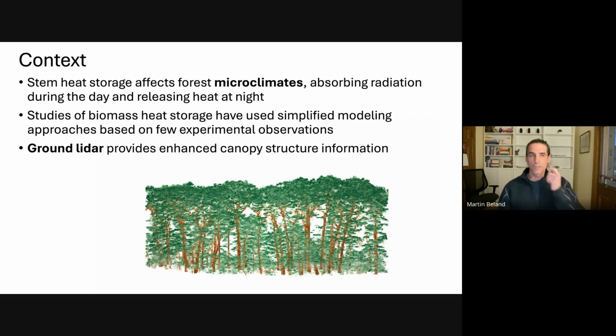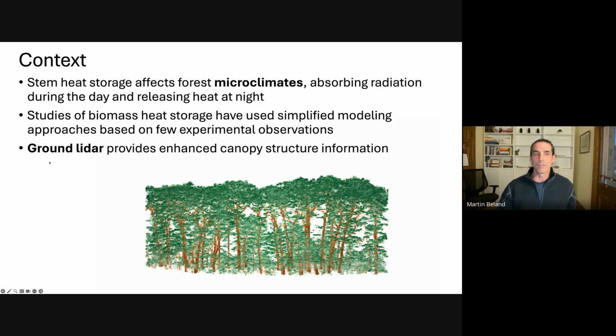The studies that have looked at heat storage in the biomass typically use a simplified modeling approach, and there are very few experimental observations on this. These measurements are very hard to make. Very often we just have some data on the stem or the lower part of the trunks, of the heat at different depths.